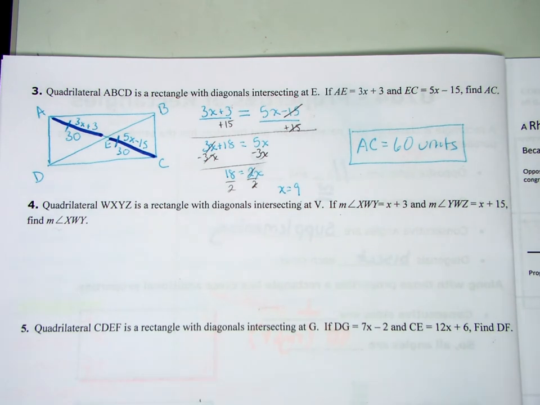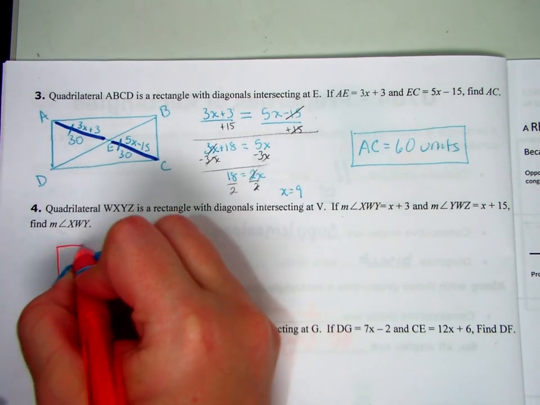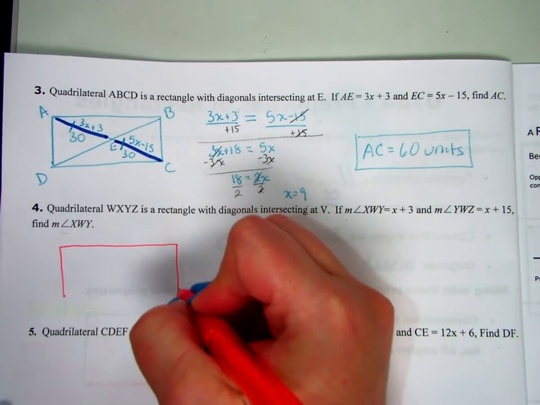So now, let's look at number 4. Quadrilateral WXYZ is a rectangle with diagonals intersecting at V. Let me sketch that. Quadrilateral WXYZ.